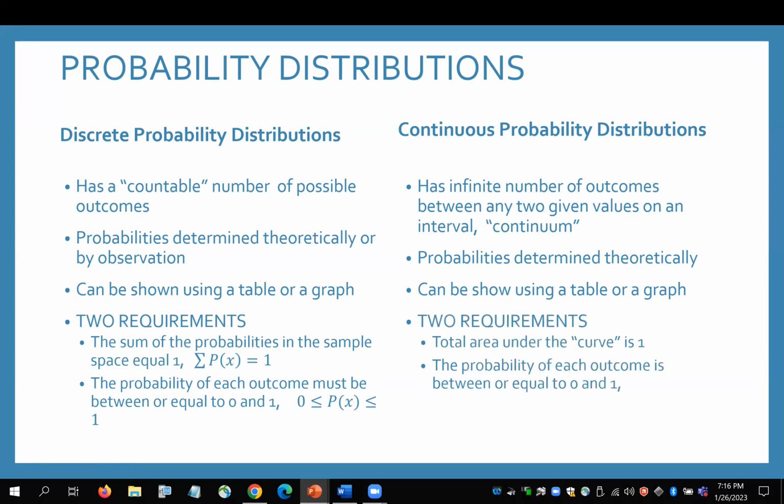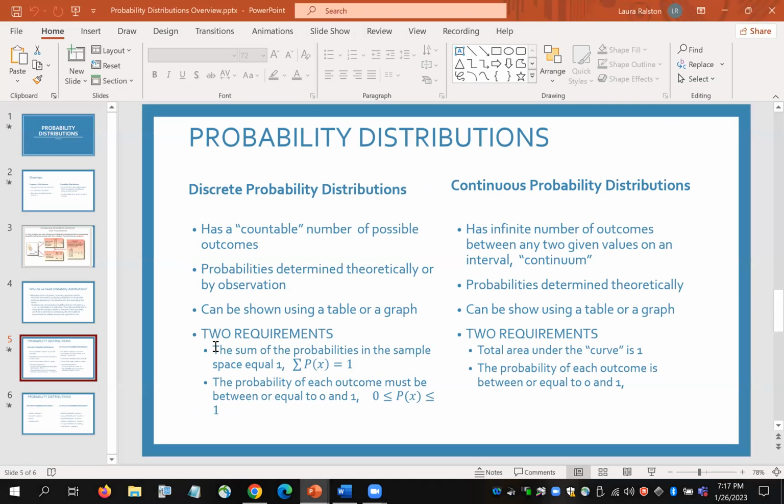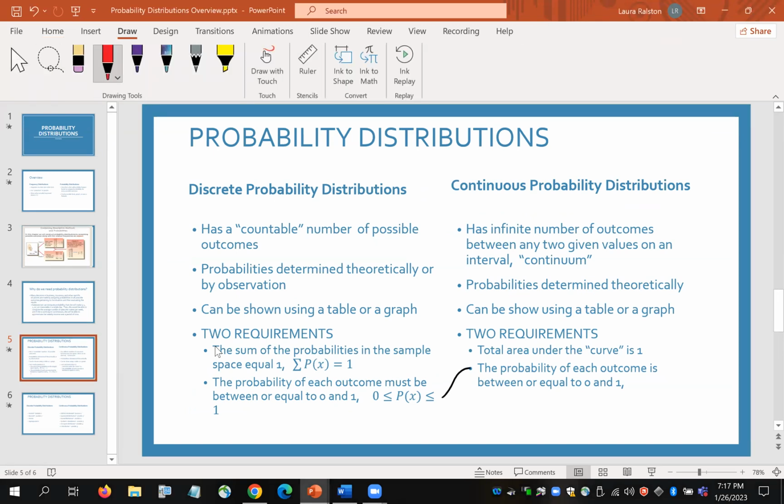The two requirements for a continuous probability distribution are really the same as we had for discrete, but they're worded differently. The idea that the probability has to be between 0 and 1 has the same idea when we say the probability of each outcome is between or equal to 0 and 1.